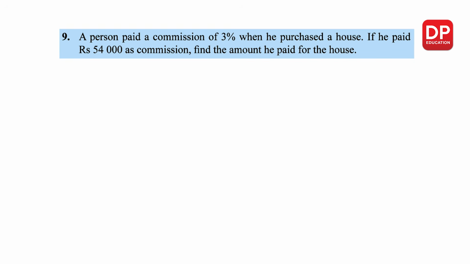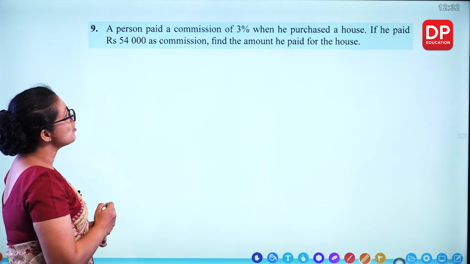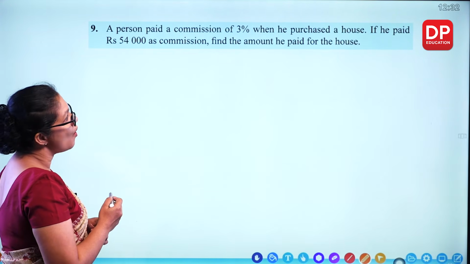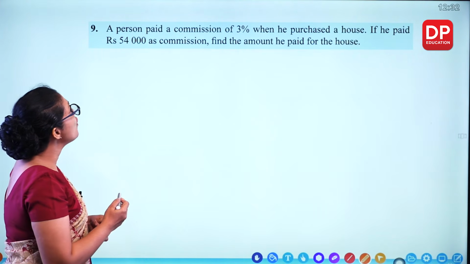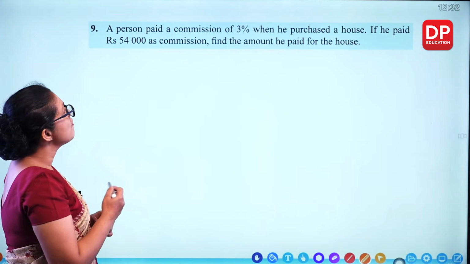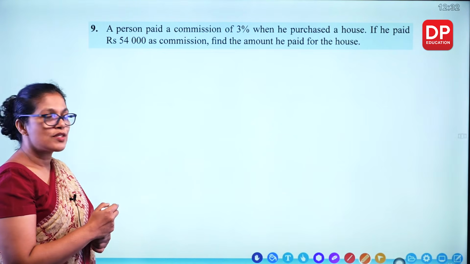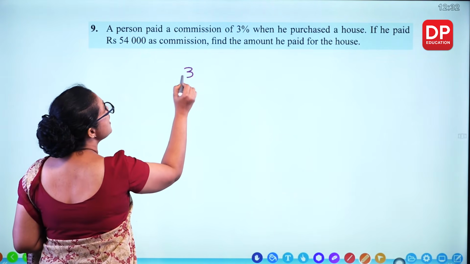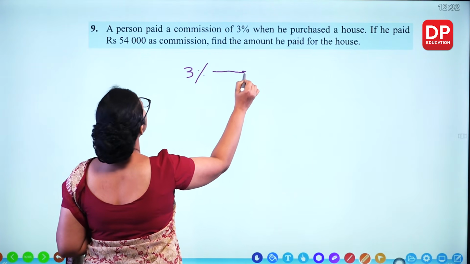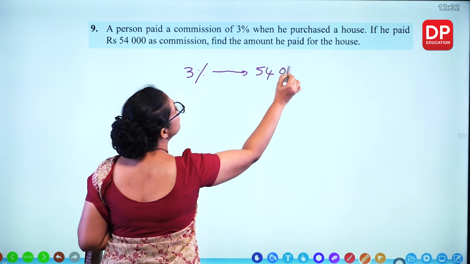Question number 9. A person paid a commission of 3% when he purchased a house. If he paid 54,000 as commission, find the amount he paid for the house. So this means 3% is 54,000.